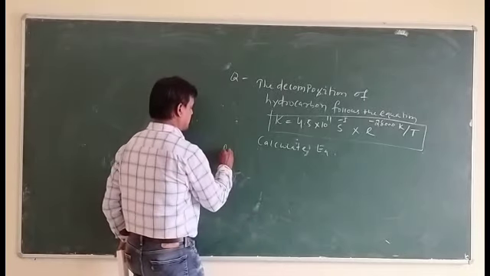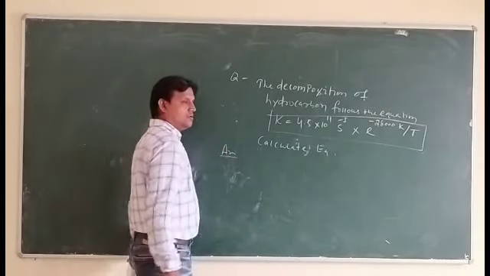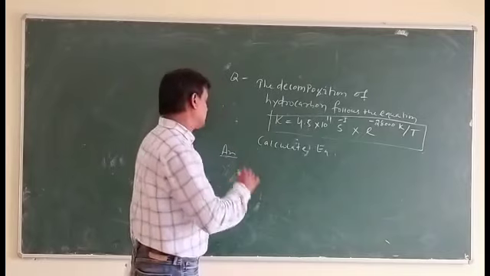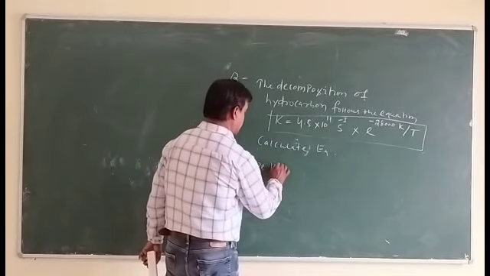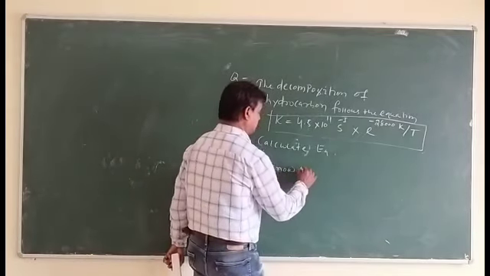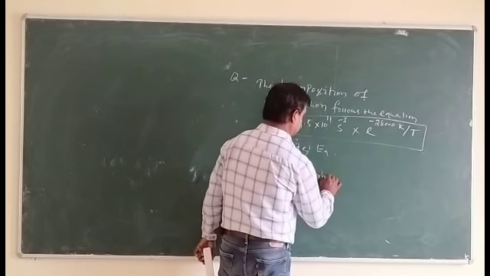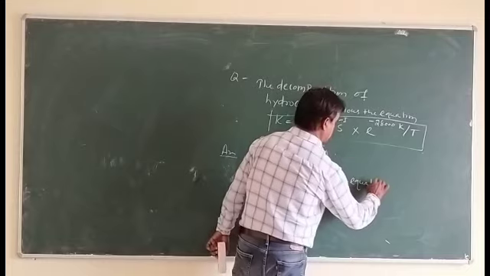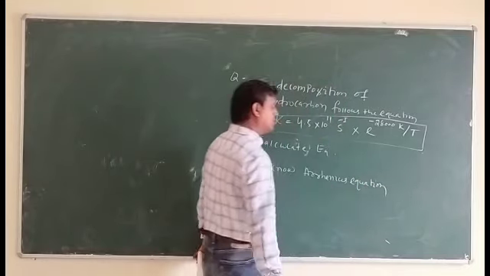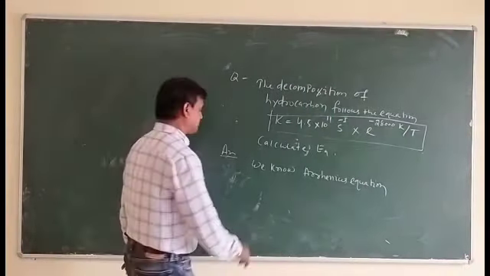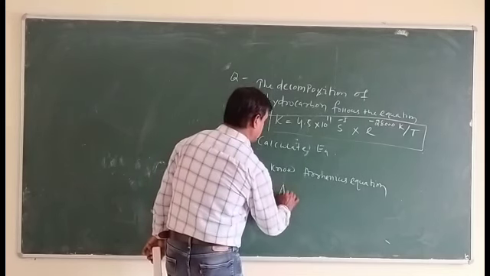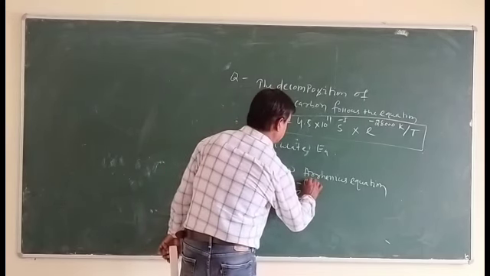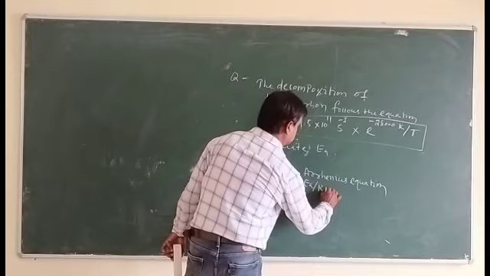Answer is, we know the Arrhenius equation K equals A into e to the power minus EA by RT.